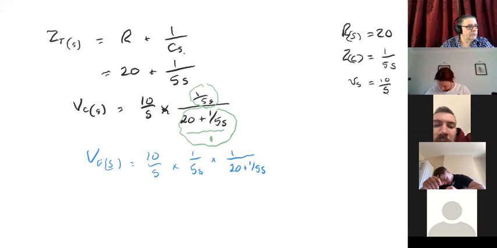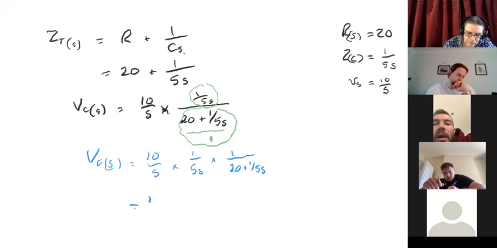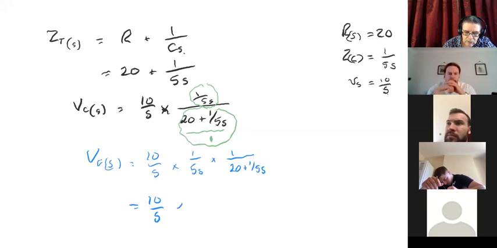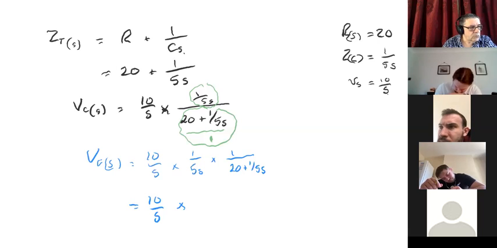And then what we can do is keep this 10 over S here and see why I'm doing that in a minute. And then we multiply out the other two fractions. So on the top we've got 1 times 1 is 1.